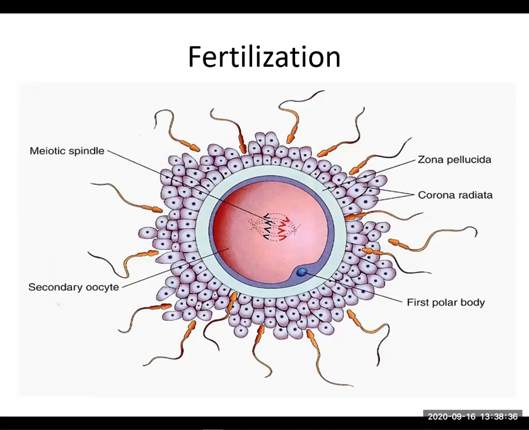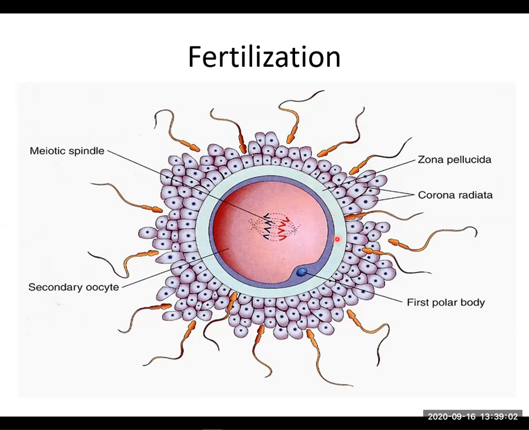So this one is showing you this process. A lot of sperm will try to penetrate through first the outer layer, where we can see the corona radiata. There are several cells out there, and they will penetrate through it. The outer portion here is not a cell; these others are follicular cells in a way.